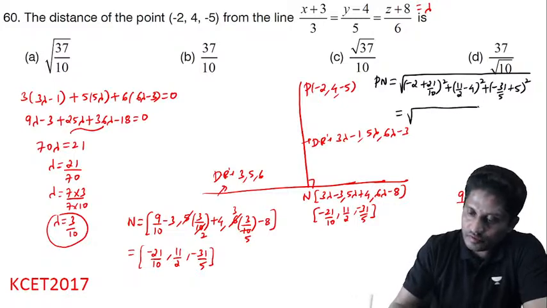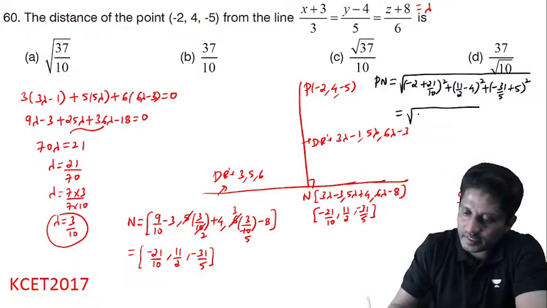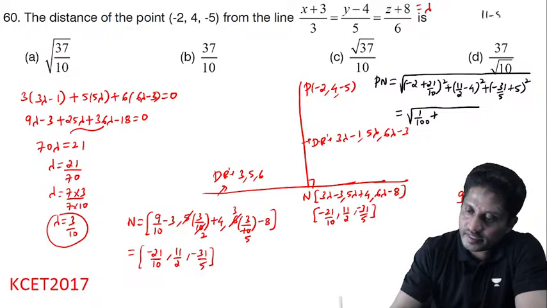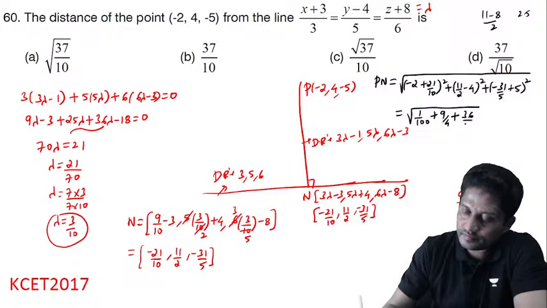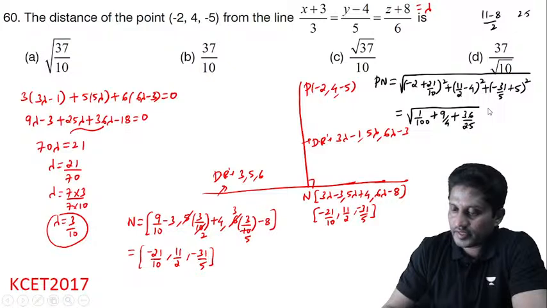This is equal to root of, cross multiply, minus 20 plus 21 by 10, that is 1 by 10, so 1 by 100. Then 11 minus 8 by 2, that is 3 by 2 the whole square, 9 by 4, plus 25 minus 31 is 6, so 6 by 5 the whole square, 36 by 25.